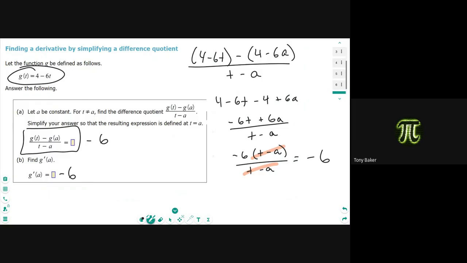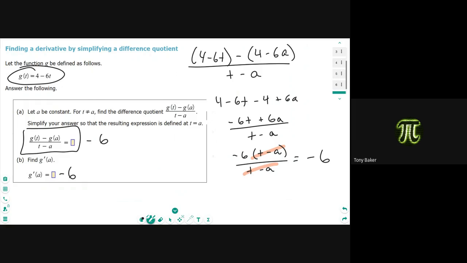Could you have found that answer without doing any work? Yes. Why? Because you can get it from the original function. The slope is -6 for the function, it's linear. So the entire function has the same slope.